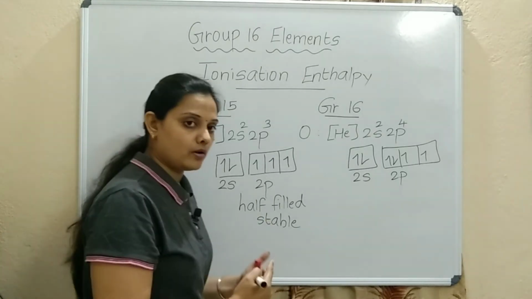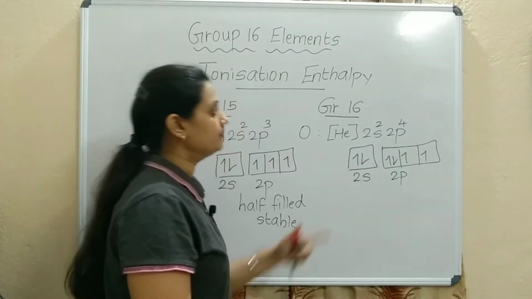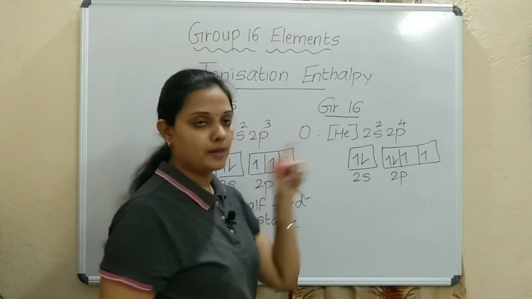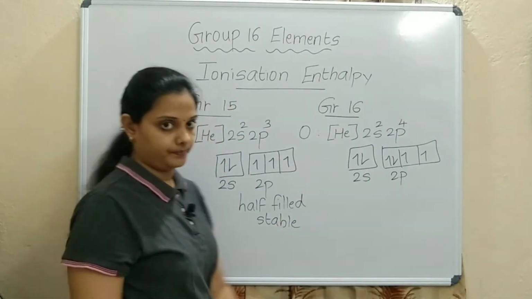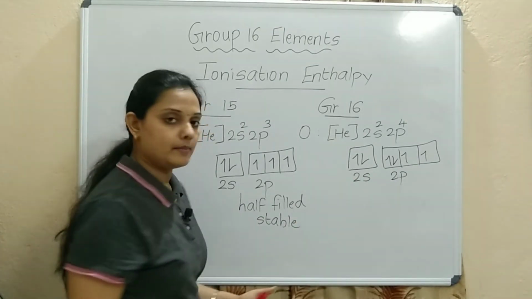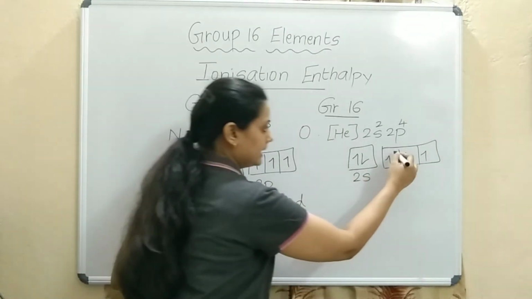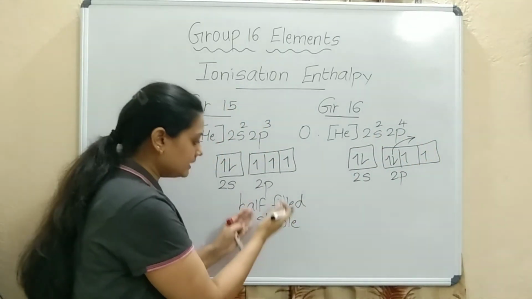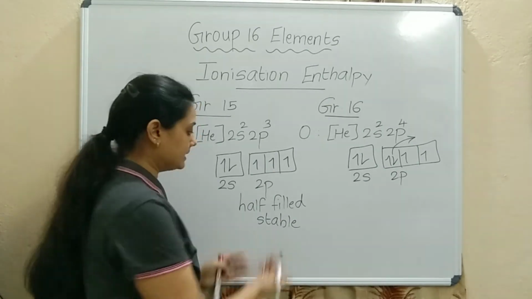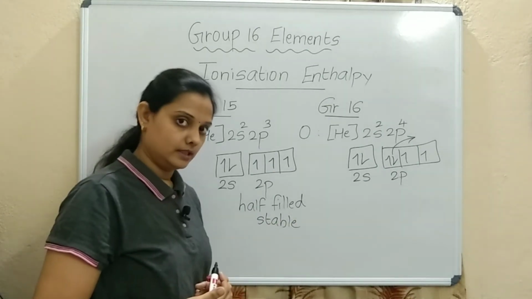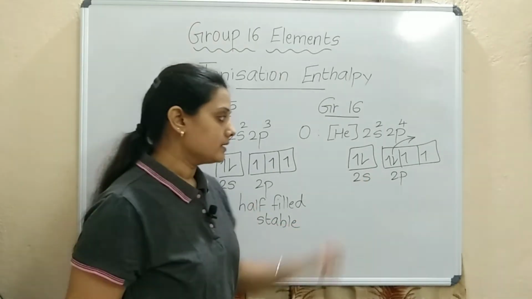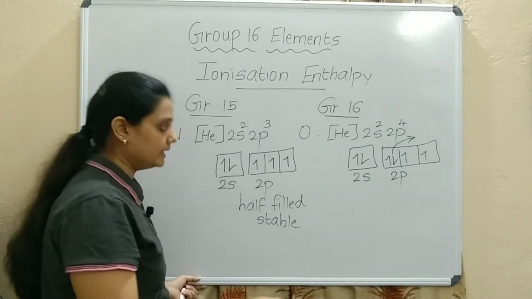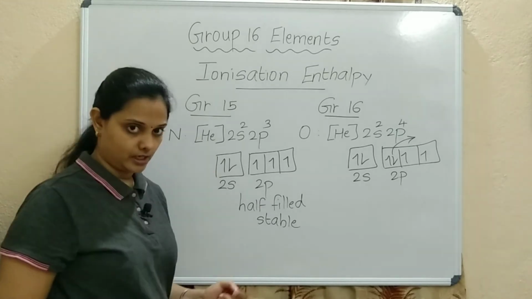One electron can be removed from the p orbital very easily in group 16, that is, from oxygen, because it is not a stable configuration. But here it is difficult to remove, because it is a stable configuration. So oxygen's ionization enthalpy will be less than nitrogen's.